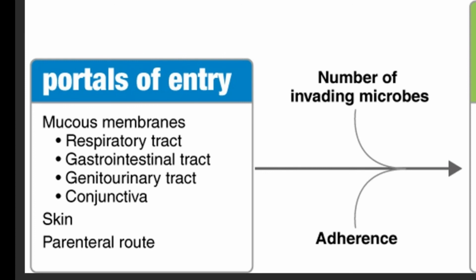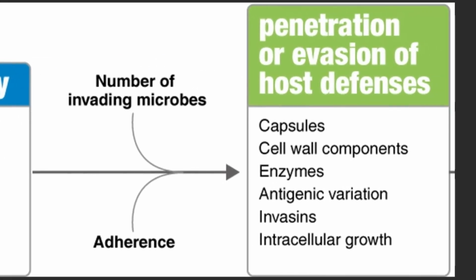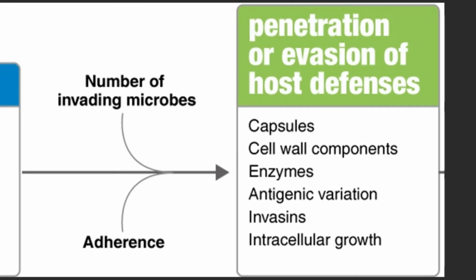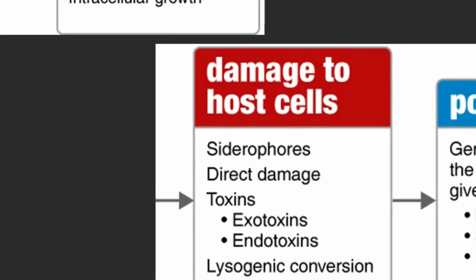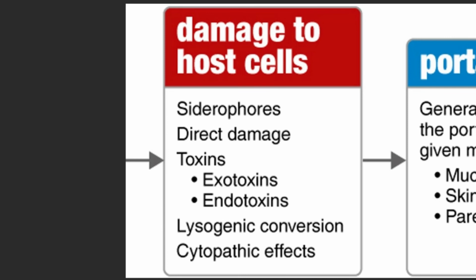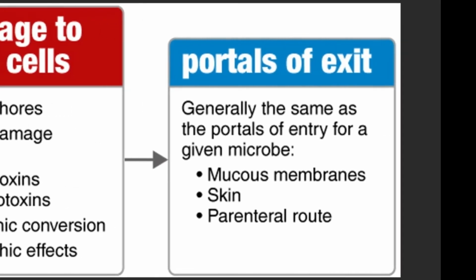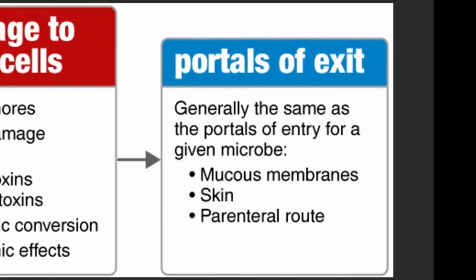Whether or not you get into the body is not just dependent on the preferred portal of entry, it's dependent on a threshold number of microorganisms, which then can adhere to the cell and increase their pathogenicity by the production of enzymes or toxins, causing increased levels of infection, increased damage to the body, and then finally you become the vector and you excrete that bacterium out into the environment, typically through the same route of exit as was the route of entry.